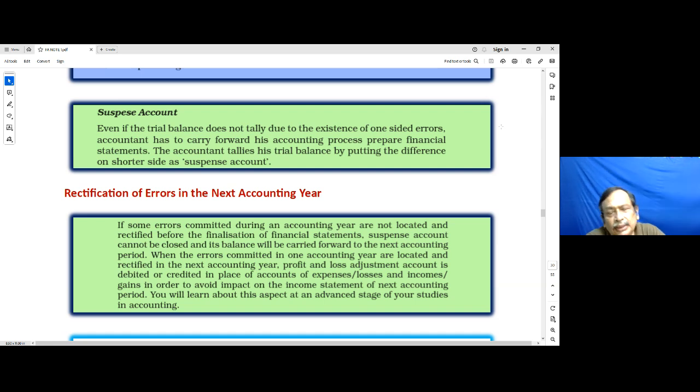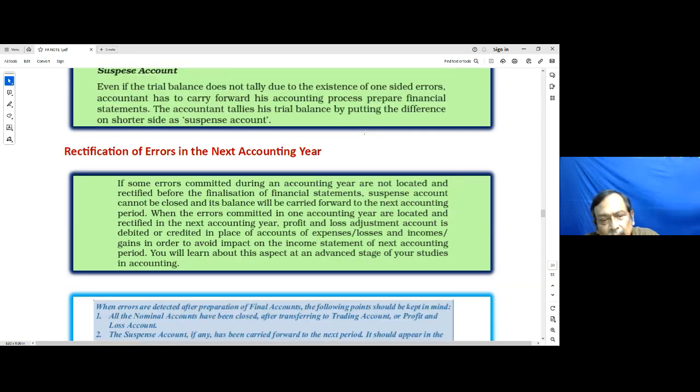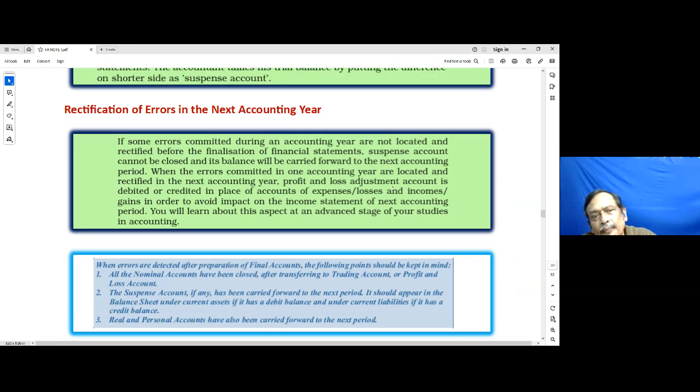Now, it may so happen that you have not detected the errors in the financial year. Say errors took place in the year 2023-24, but you have found and rectified them only in the next accounting year. Then what is to be done, that I am discussing.